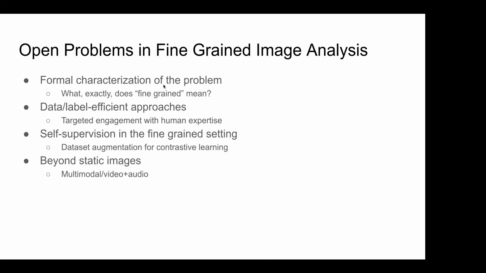Then there's the ever-present problem of data efficiency or labeling efficiency. So when you're working with fine-grained categories, almost by definition, it means that you're dealing with communities of specialized expertise. Coarse-grained image data sets generally can be scraped from the web.